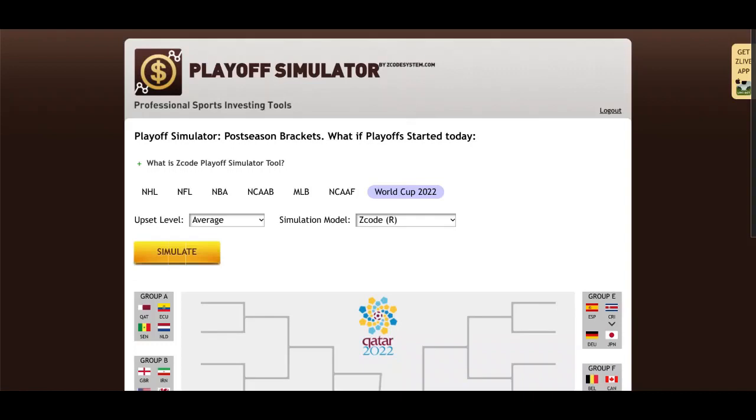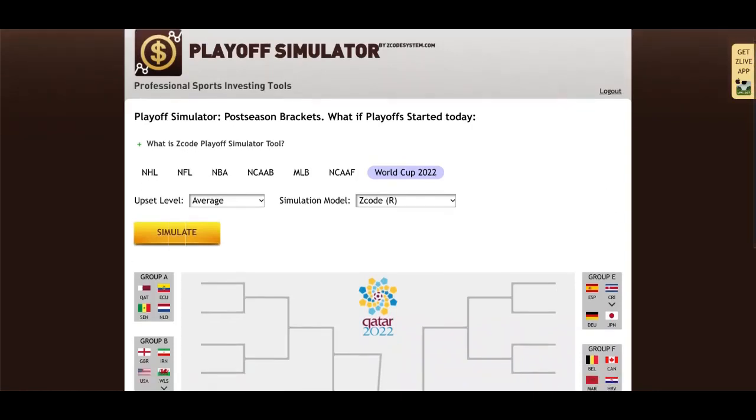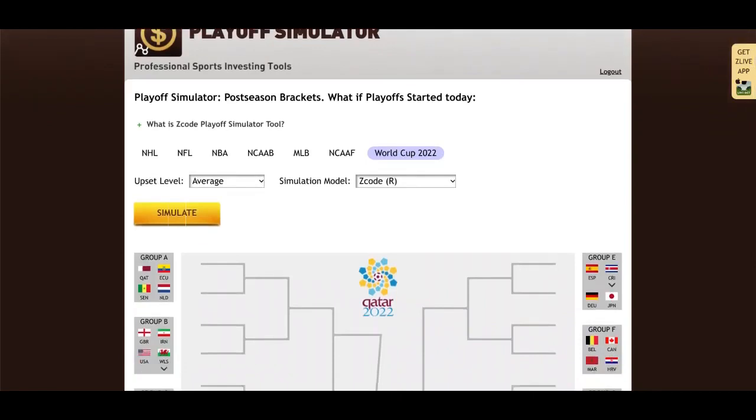It's a great tool, and you can use it for various sports that are available. As you can see there, the NHL, NFL, NBA, different sports during their playoff seasons, I guess you could say, the post seasons. You will be able to use this if you are a member of Z Code System. Now, we've built it here for the upcoming World Cup, where we will be able to determine which teams advance to the knockout stages, and then the path to the World Cup final.